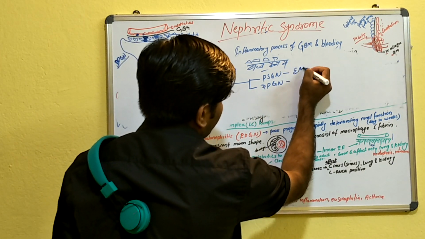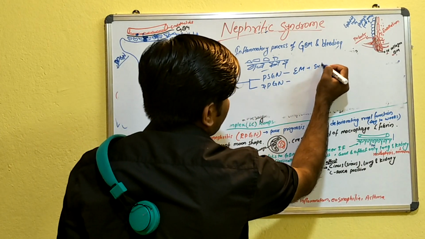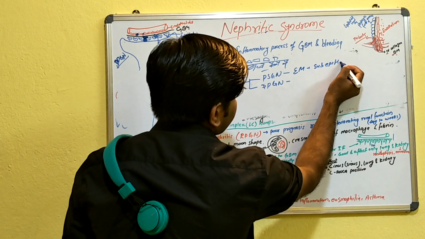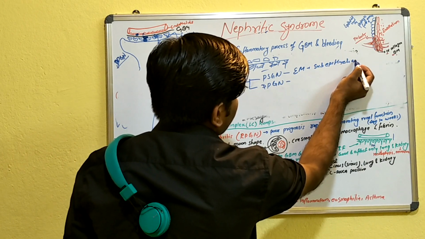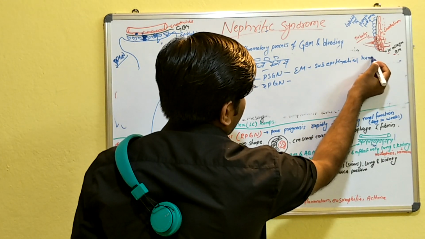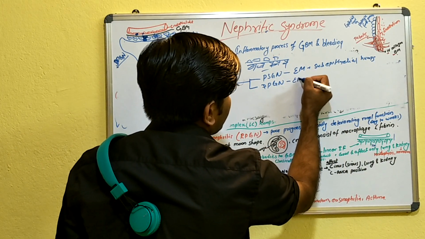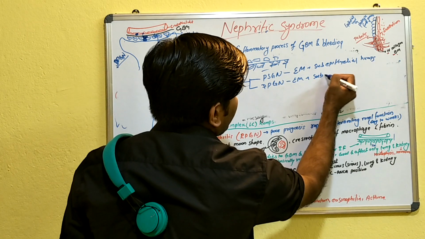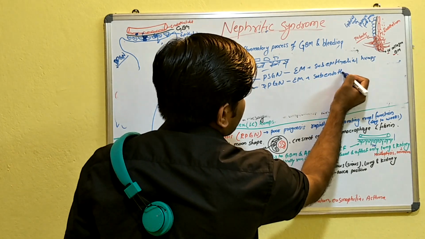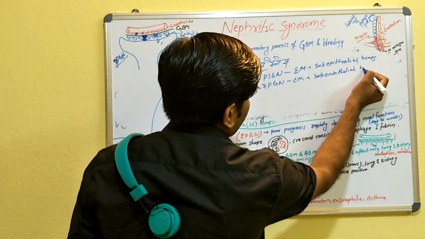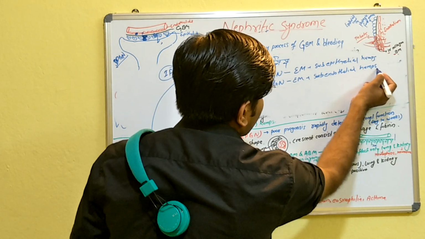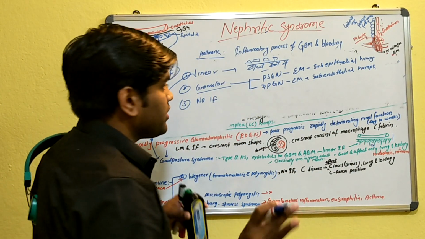But in electron microscope, here it will be subepithelial and here in electron microscope it will be subendothelial.